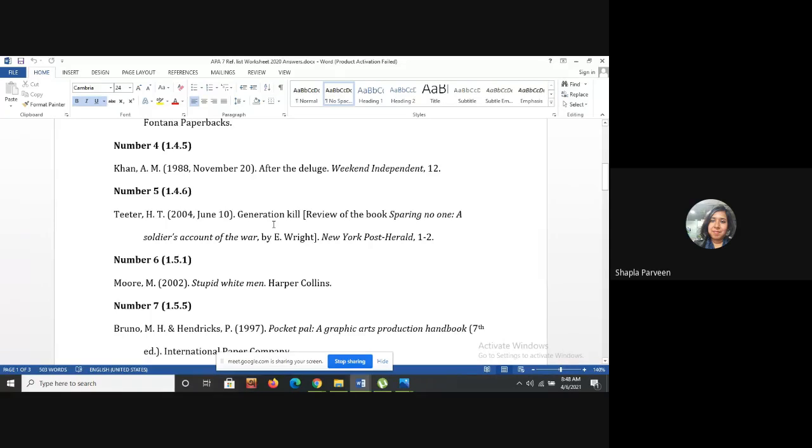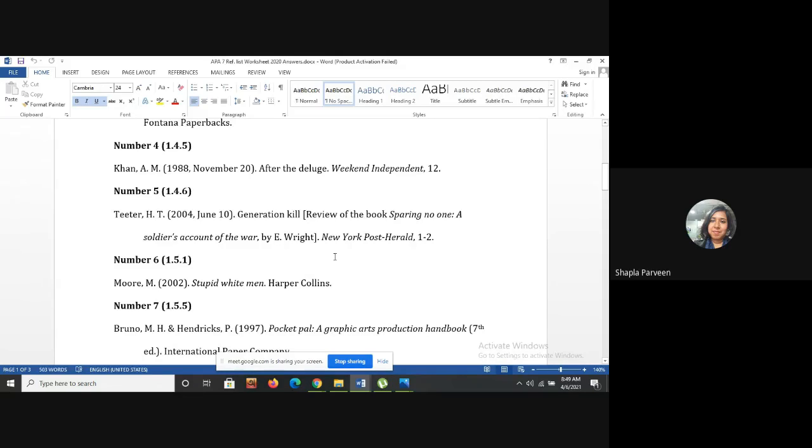The name of the review is Generation Kill, and then in square brackets you have to write the review of what. So, review of a book. Since it's the name of a book, you can see the title of the book is italicized, Sparing No One, A Soldier's Account of the War, and then by E. Wright. The writer's name is given there. And then close the bracket.